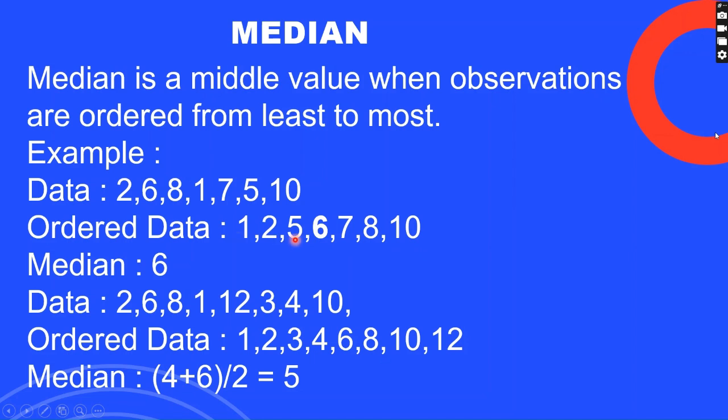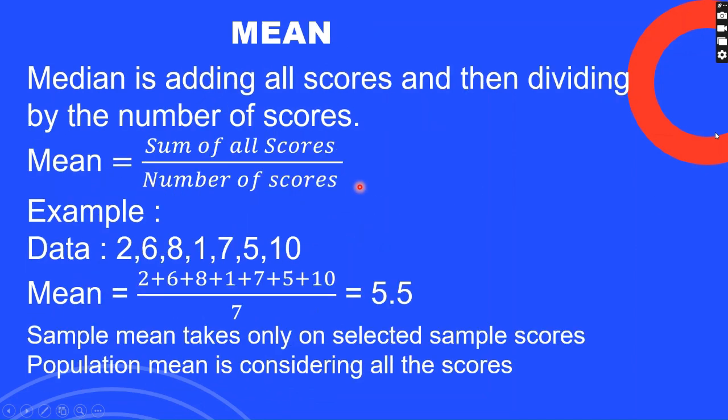Now we can see seven data values are available in the list, so the middle will be the fourth value. But see the second example: we have 2, 4, 6, 8 values. After ordering the data, we cannot find a single middle value. So we take the middle of the two values, 4 and 6, then divide by 2. The 5 is called the median. So median is not the mean. Median is different, mean is different.